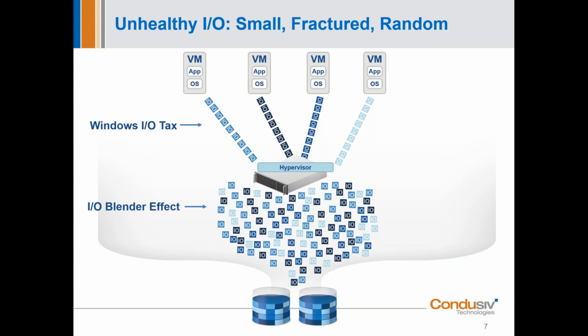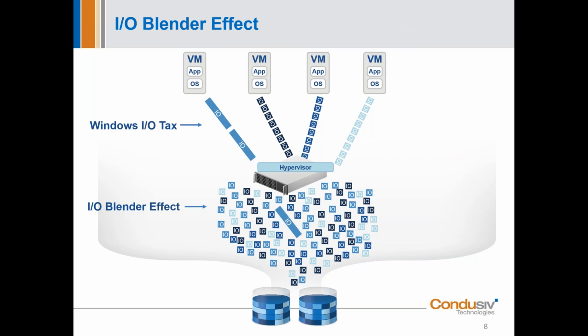It's also our best practice to optimize all the VMs on a particular host, and the reason for that is depicted here. Whether you have 4, 5, 10, or 20 VMs on a particular host, you can optimize one or any number of those VMs.